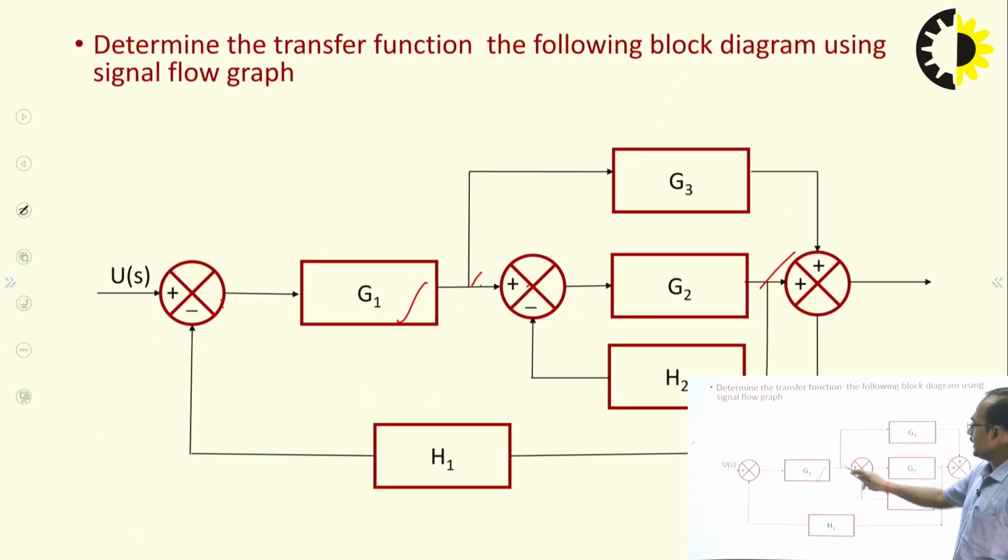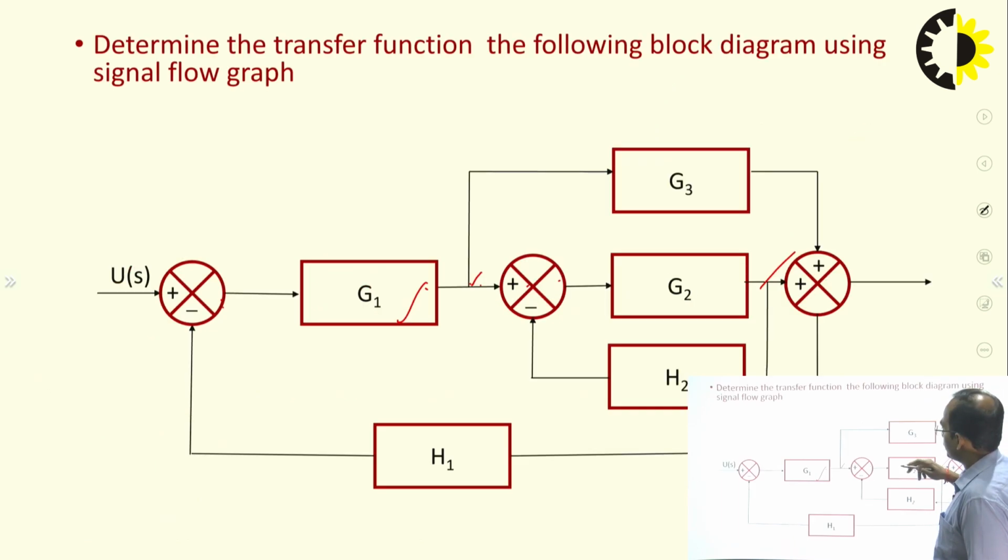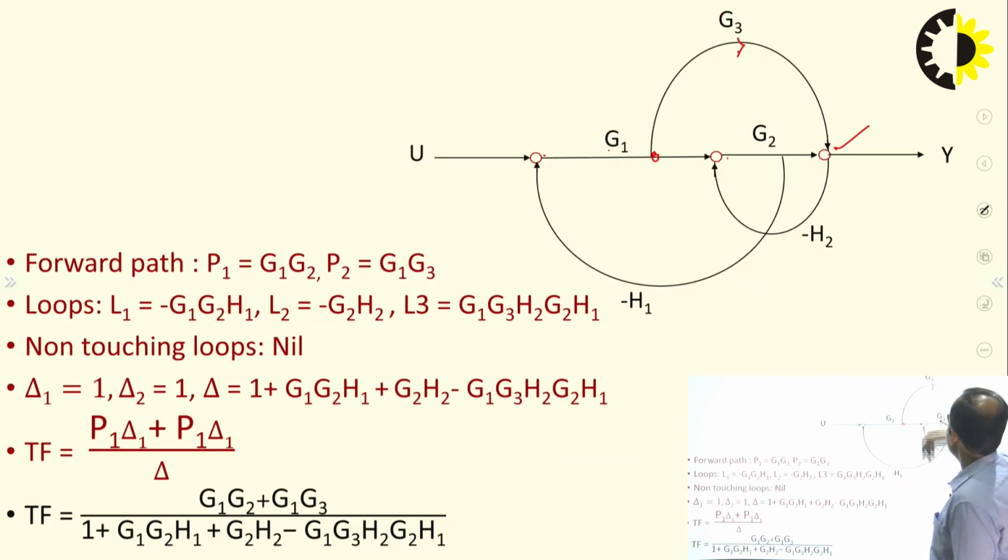This takeoff point is connected between G1 and the summing point, so I have considered another node here, which goes to this node, and this path has a gain of G3.